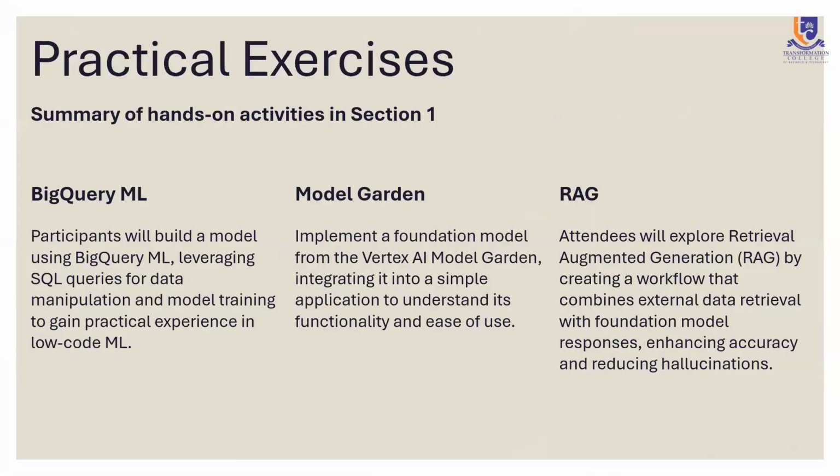All right, so now we'll move into the practical aspect of the class. Like I said, our session one practical will focus on BigQuery ML, where we'll build a model using SQL code, train the model, evaluate the model, and make basic predictions and see how our model performs. We'll also look at Vertex AI's Model Garden, where they have all those foundation models we've defined, and then we'll deploy one and make iterations.